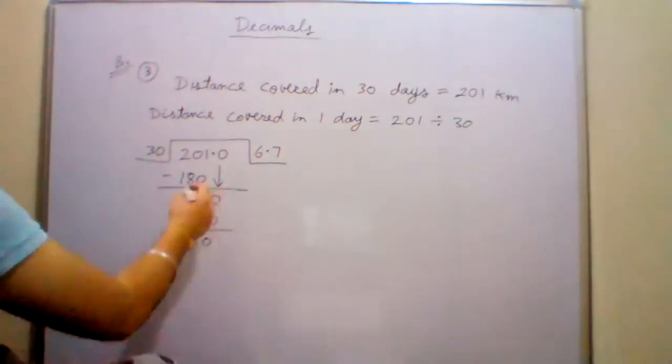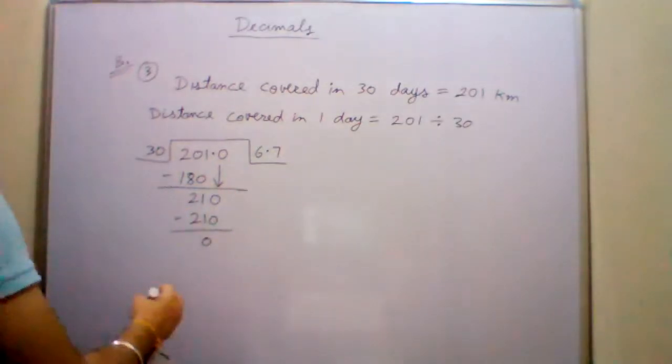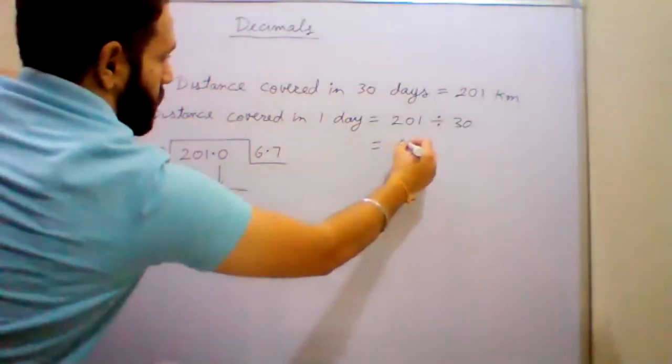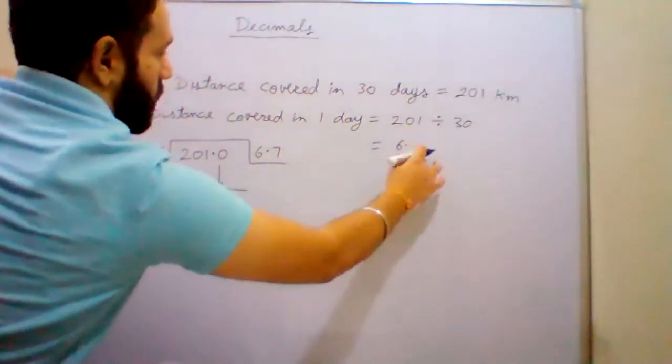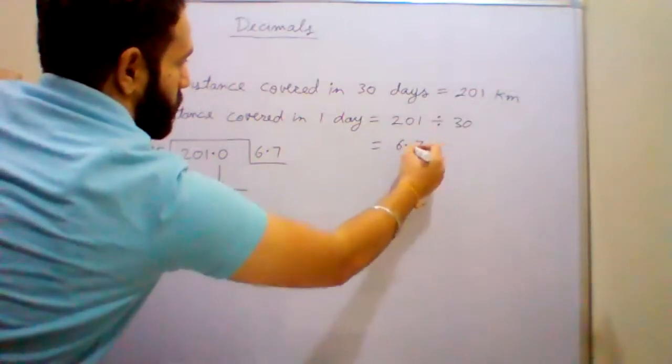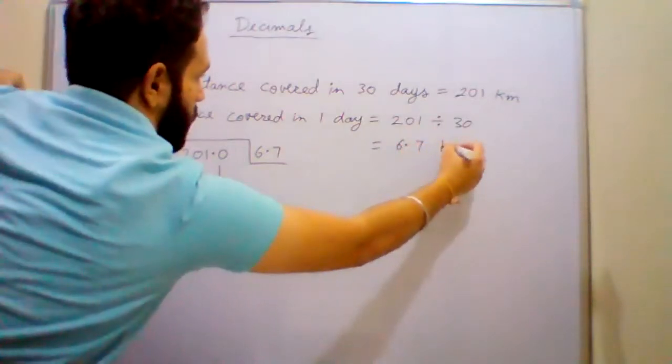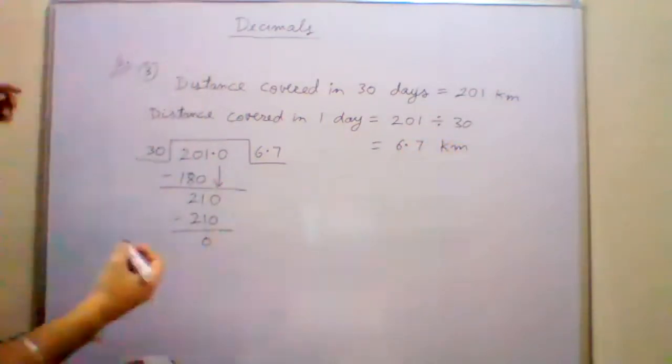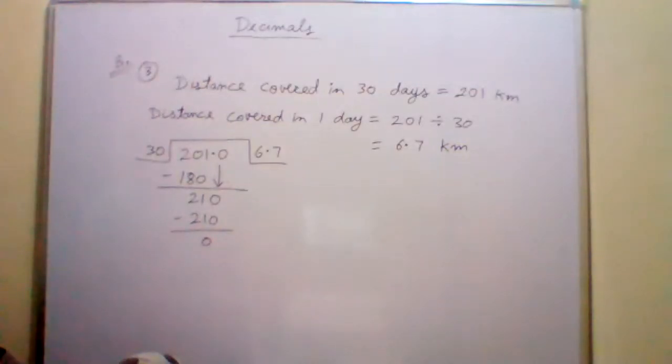Difference is 0. So the remainder is 0 now. What is your answer? It is 6.7 kilometers. The athlete runs 6.7 kilometers in one day. This much he runs every day. Done.